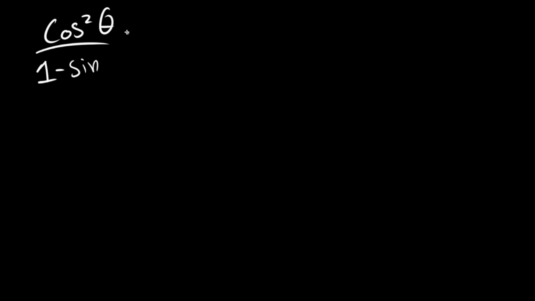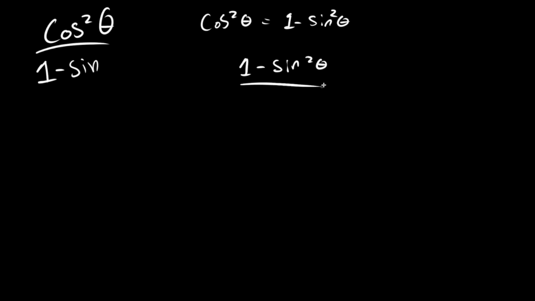Now for this one, it's going to be tackled a little bit differently because we're going to have to do a little bit of factoring. We're going to have to remember that our cos squared theta is equal to 1 minus sine squared theta. So we're going to write that as 1 minus sine squared theta over 1 minus sine theta. And you may be tempted to cross out now, but you cannot do that because they are not factors of each other.